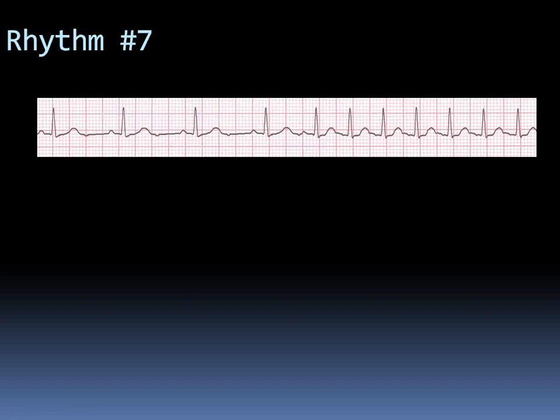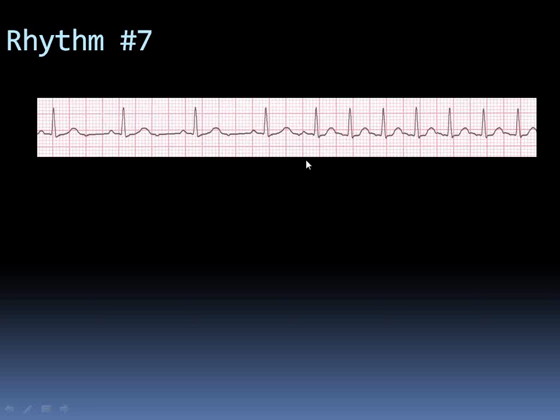So Fatima says this is SVT, and as we had discussed, SVT starts suddenly, abruptly, and it is very regular, as we see over here. The rate is right at 150 beats a minute. You don't see a clear P wave before the QRS, and it starts like this, abruptly. Okay? This is an ECG of a patient in supraventricular tachycardia or SVT.